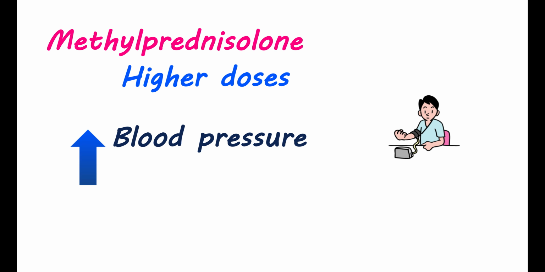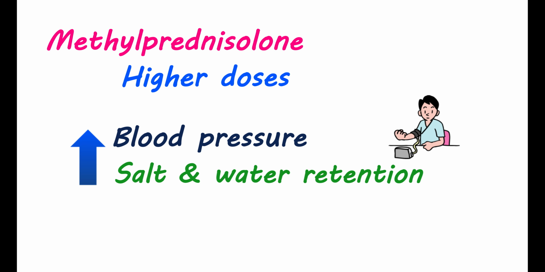Effect on blood pressure. When you are using methylprednisolone at higher doses, it may cause elevation in your blood pressure. It may also increase salt and water retention. Normally, this medication has no mineralocorticoid activity. Therefore, at regular doses, it does not affect your salt and water retention.